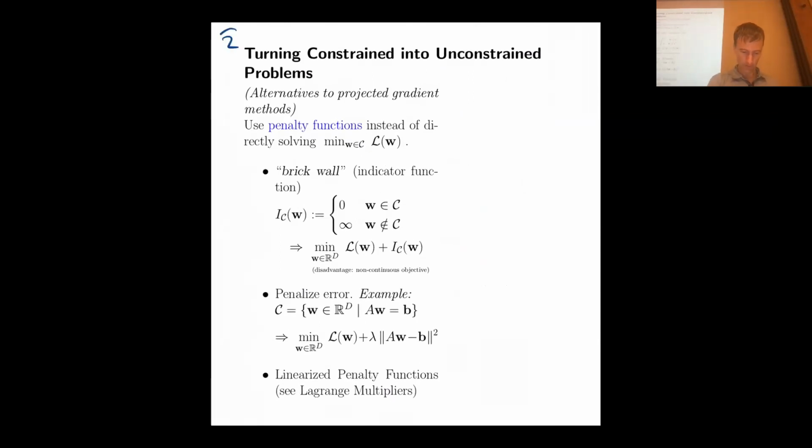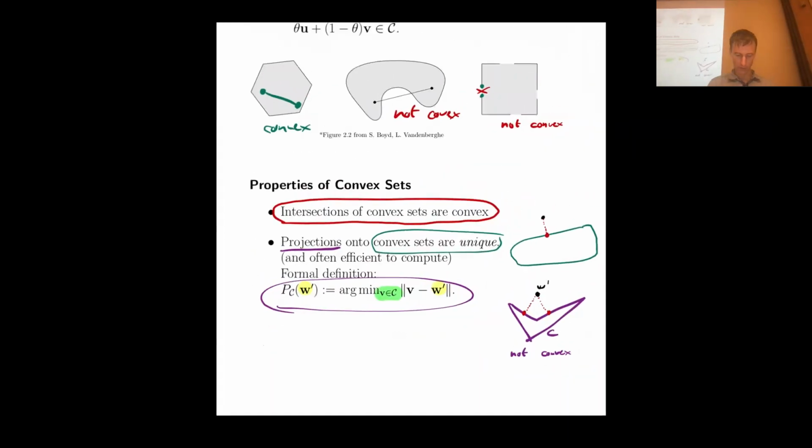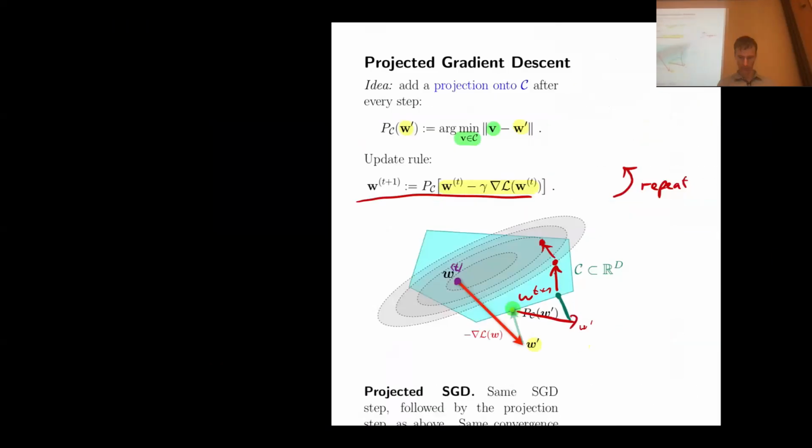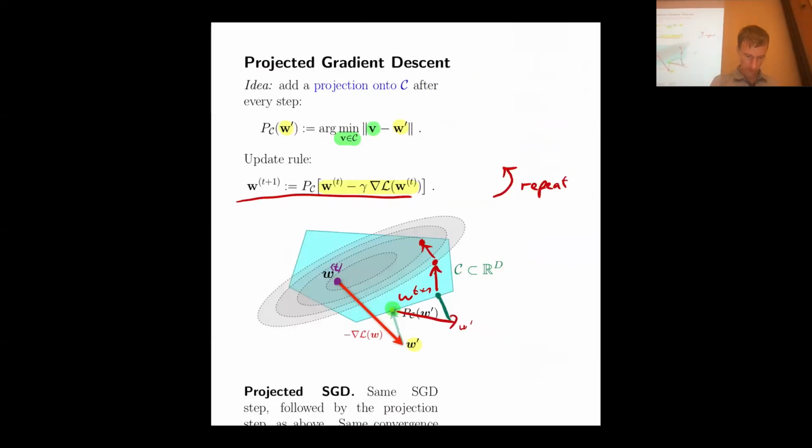So right, we mentioned these two things. Either we do projected gradient descent or we try to transform it into an unconstrained problem. Is there any question still for the projected gradient? If not, then let's look at this part B.